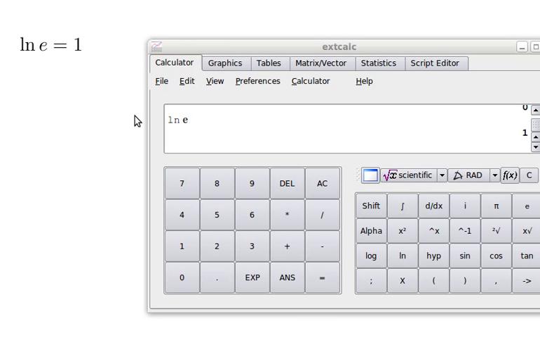So now let's do natural log of 1. I did something wrong, but I'm not sure what it was.